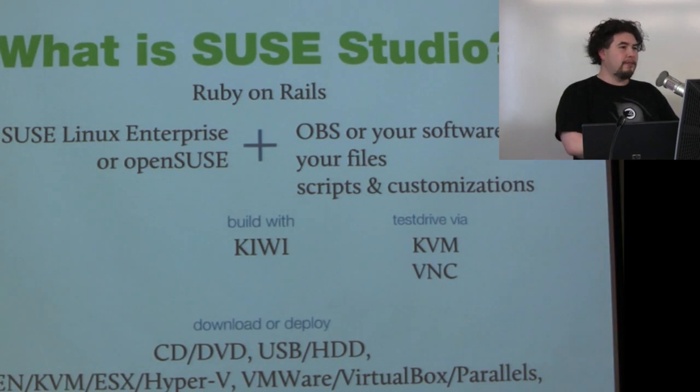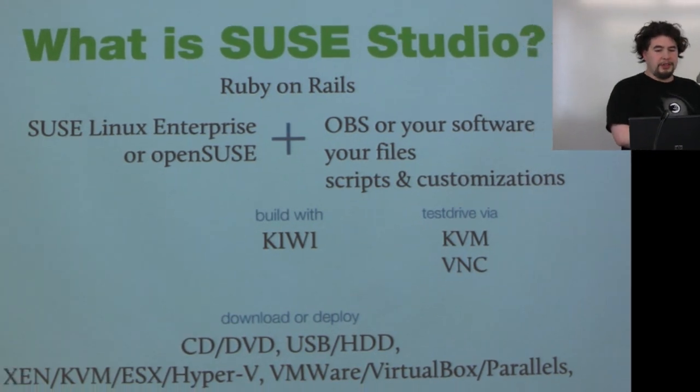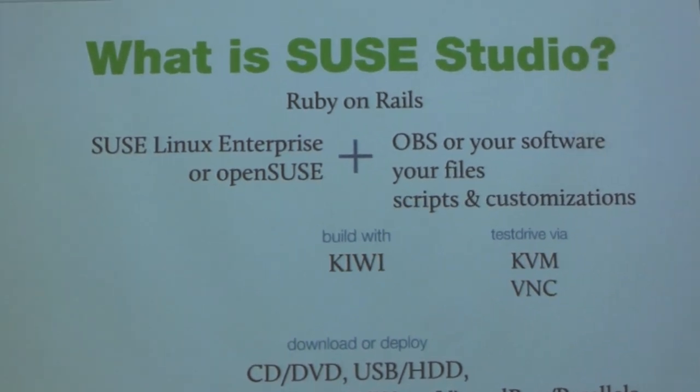We use Ruby on Rails for a core stack, and what we let you do is take either a SUSE Linux Enterprise or an OpenSUSE base, customize it with either your own software or software from the OpenSUSE build service, and upload your own files into your configuration. At a high level, you can do some advanced customization with point and click.